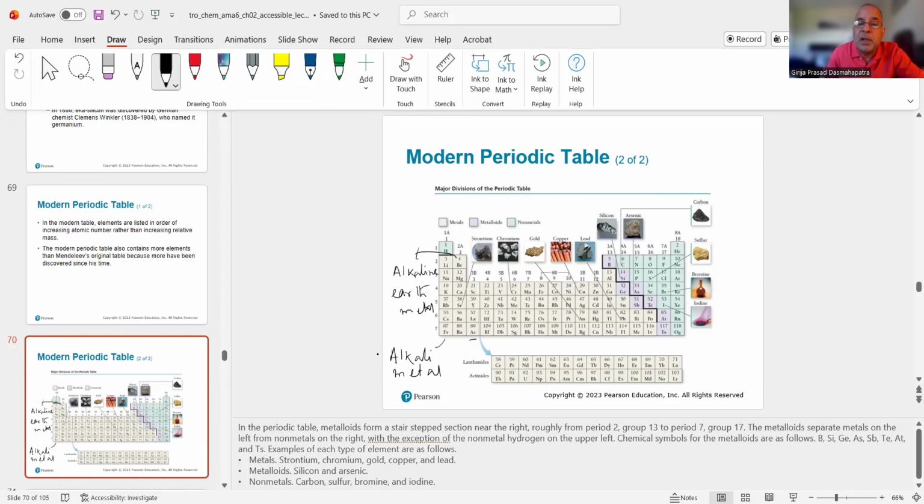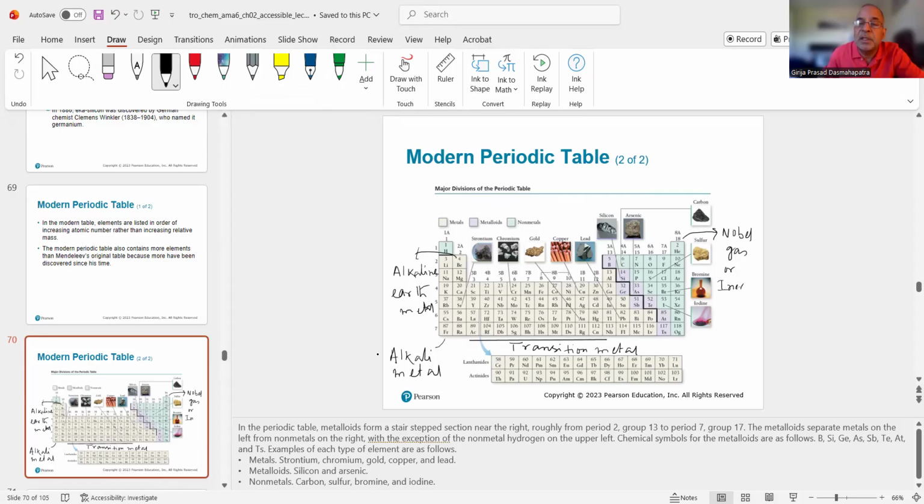And groups 3 to 12, all these are called transition metals. Similarly, group 18 is called noble gas, or sometimes inert gas.